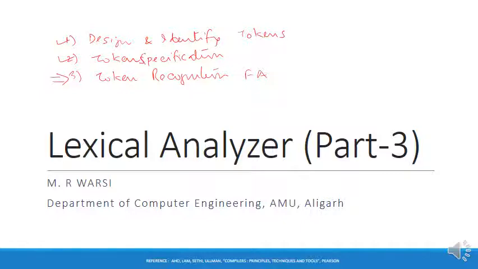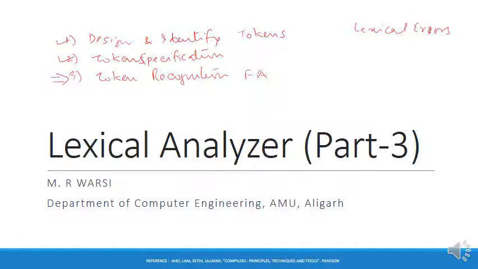In this lecture, besides token recognition, we'll also talk about and cover lexical errors. What if the input is not matching the pattern of any of the tokens? In this case, there is a lexical error. How do we handle the errors?